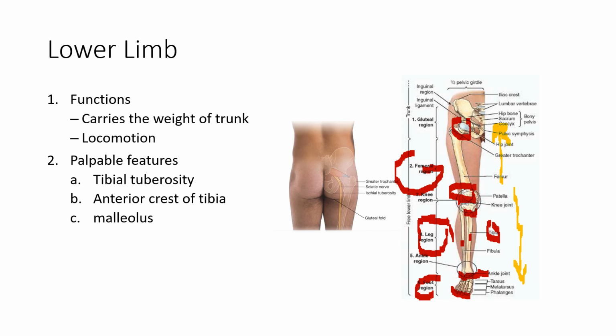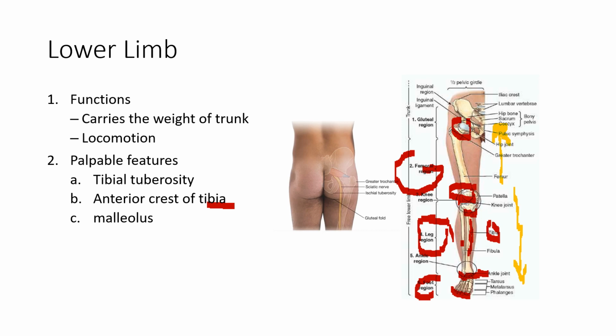Now, the ridge along the shaft of the tibia is called the anterior crest of the tibia. The word crest means ridge. You can feel the sharp edge of the anterior crest found along the anterior aspect of the shaft of the tibia.